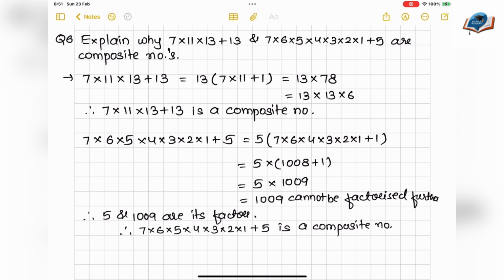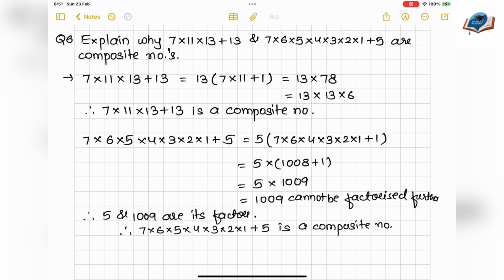Therefore, root 2 is a rational number and p and q are co-prime integers, and q is not equal to 0.